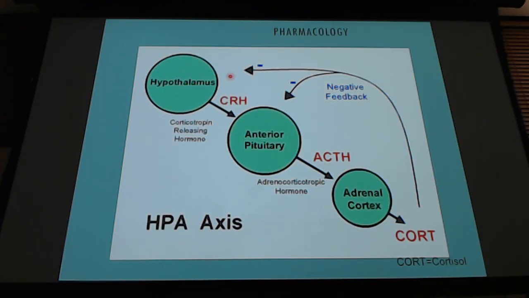So you have your hypothalamus, which secretes your corticotropin releasing hormone. And then that stimulates your anterior pituitary to release your adrenocorticotropic hormone, or your ACTH, which then triggers your adrenal cortex to produce your cortisol. Okay, so the red factor is your cortisol.